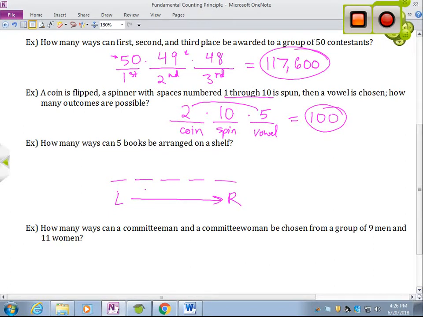Okay? And then we ask ourselves, for the first one, for the far left book, how many different books can go in that spot? Well, there's 5 books to choose from. And then for the second spot, one of the books has already been placed. Not all 5. There were 5 to choose from, but one of the books is already there. So no matter which of the 5 was chosen, there are 4 books remaining to go in the second spot.